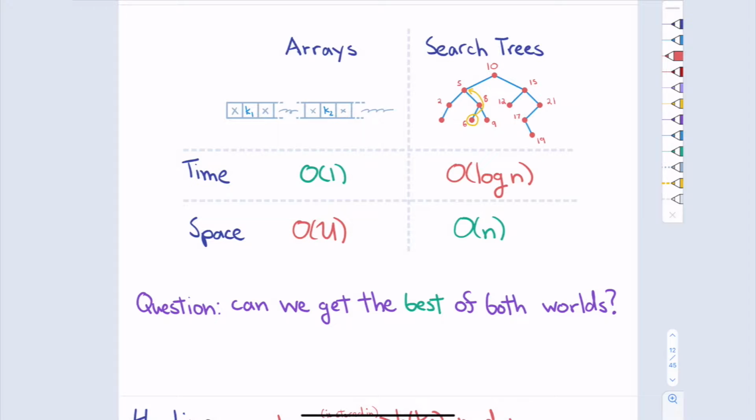So the question then is, can we get the best of both worlds? Like many questions in the class, the answer is yes, but we're going to use randomization to help us accomplish this.